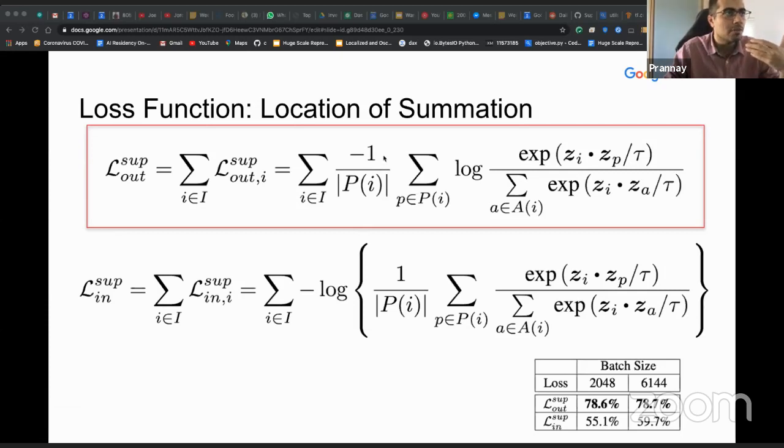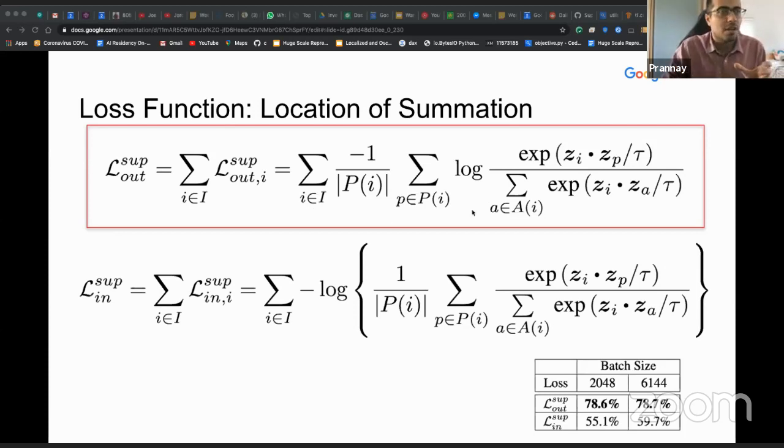So you normalize for the number of positives you have for a given sample. You don't want some losses to be higher or lower just because they have more positives in the batch, because we are still sampling our batches randomly, and we don't want a large amount of the gradient to come from a few samples.